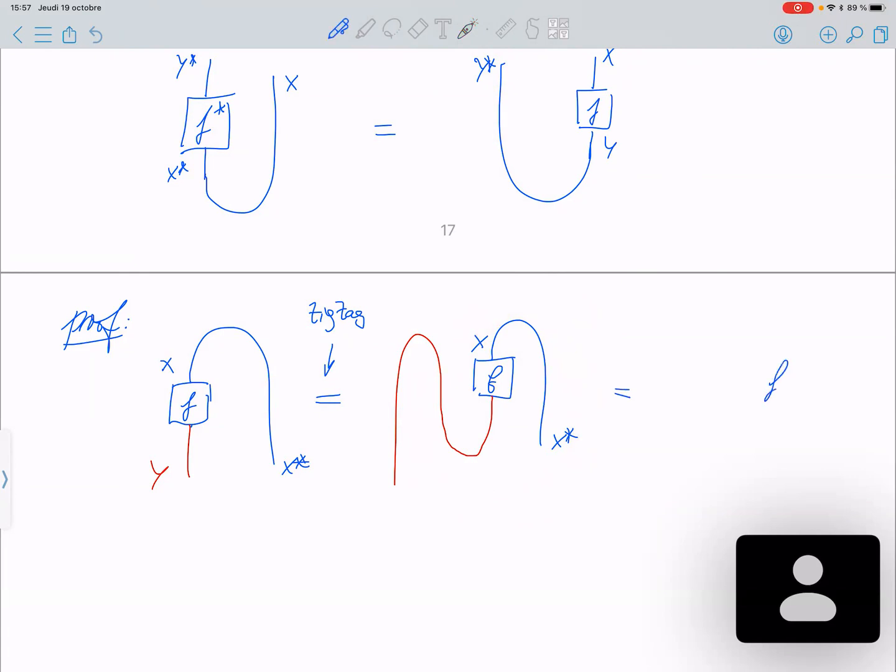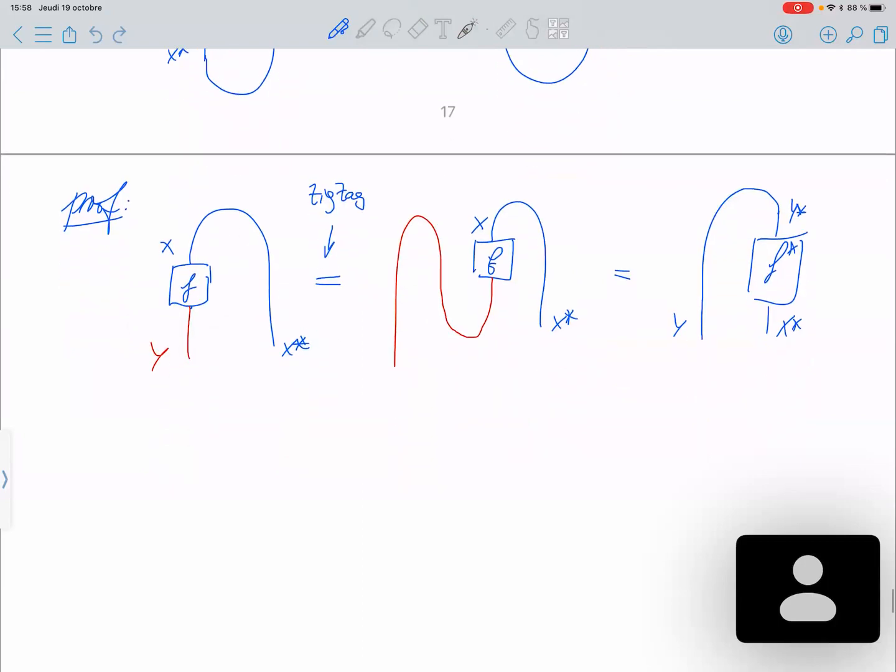So you have f dual, Y star X star, and the remaining part, this remaining part here, which is precisely what we wanted to prove. Oh, not Y star, just Y.